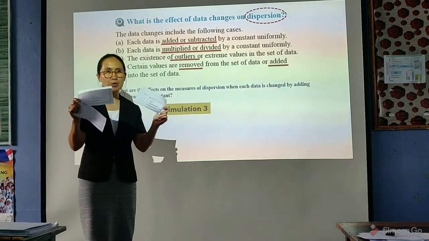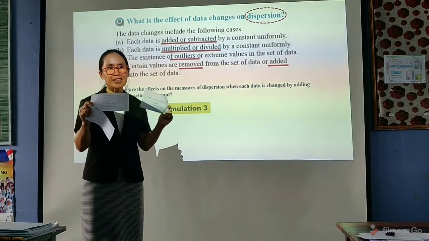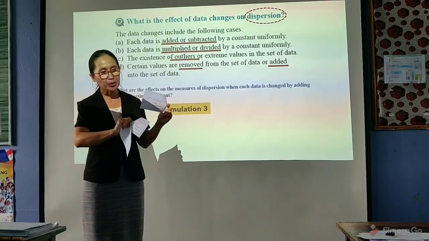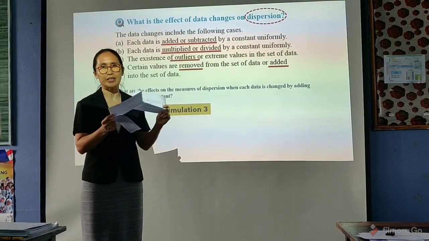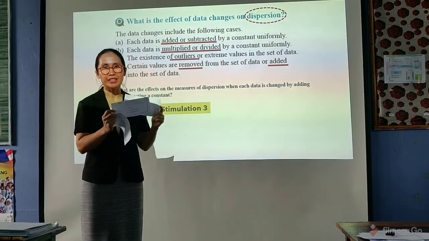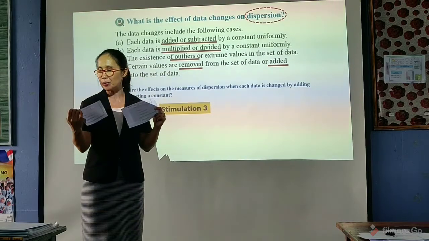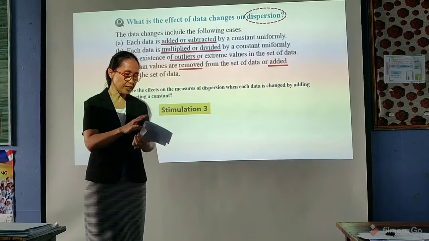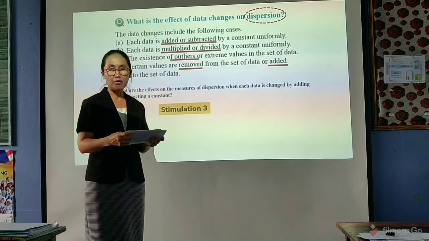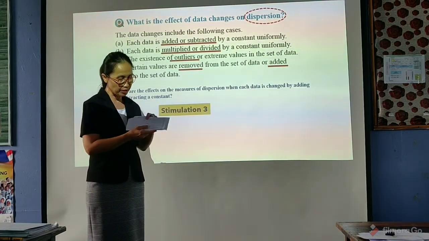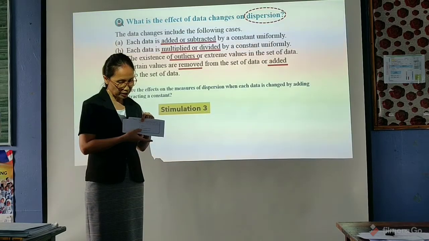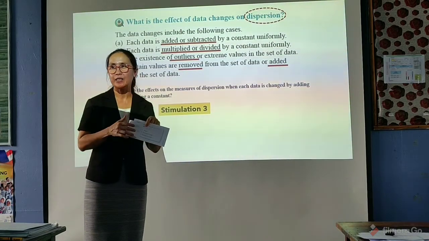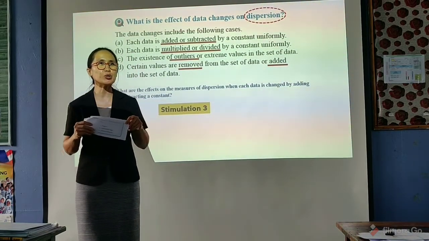For A2 you add 3 to the original data from card 1. And then card 3 you subtract 2. So what happened to the 3 measurements of dispersion? What happened to the range, the interquartile range, and also the standard deviation? What did you discover?